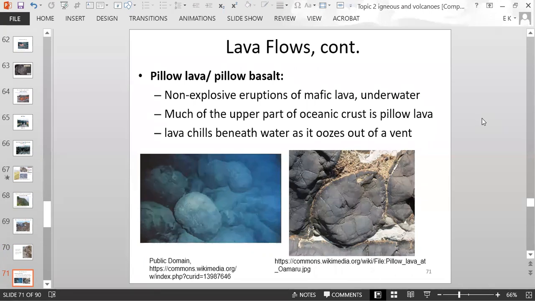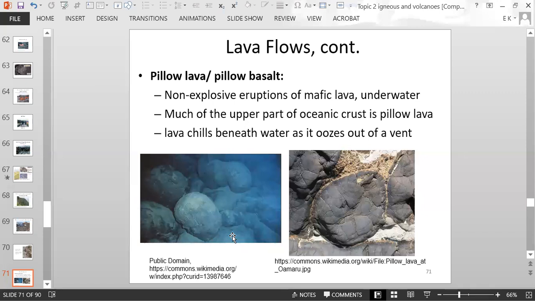I kind of think of this being like a tube of toothpaste. If you were to squeeze toothpaste out of the tube and freeze it instantaneously, you would get like a blob of frozen toothpaste. So it's sort of a similar concept where you have lava squeezing out from the ocean crust under the water.